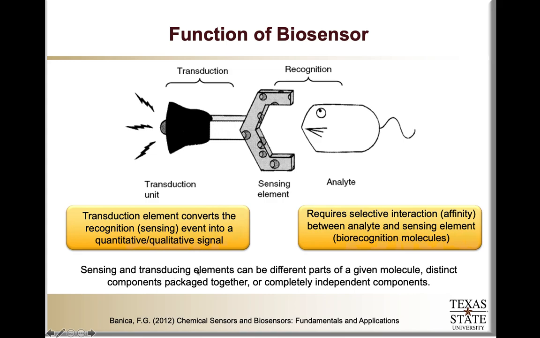Now, the sensing and transducing elements can be completely separate parts that are working independently, or they could be components that are packaged together, or they could even be different parts of a single molecule, depending on the biosensor. All right.